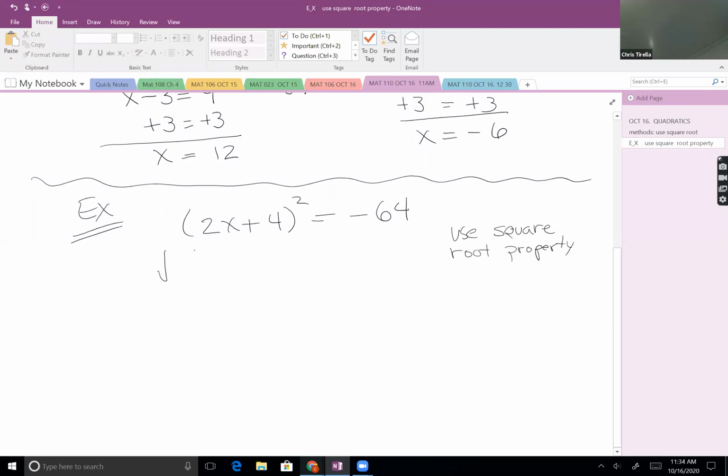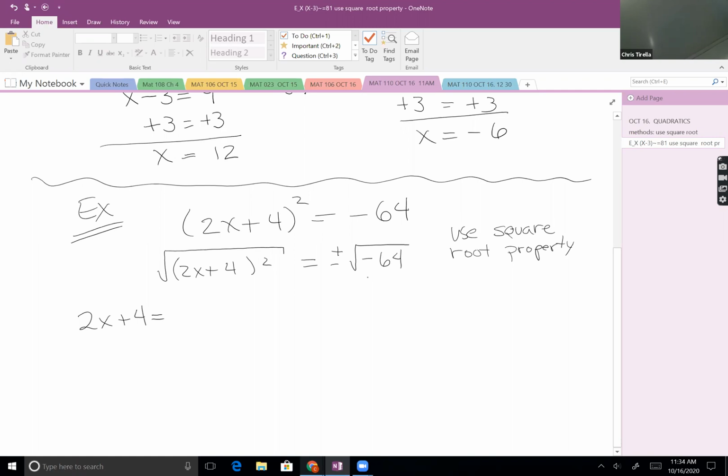And so I'll get, taking the square root of both sides, the square root of (2x plus 4) quantity squared is equal to plus or minus the square root of negative 64. So on the left, taking the square root of that square, I get 2x plus 4.